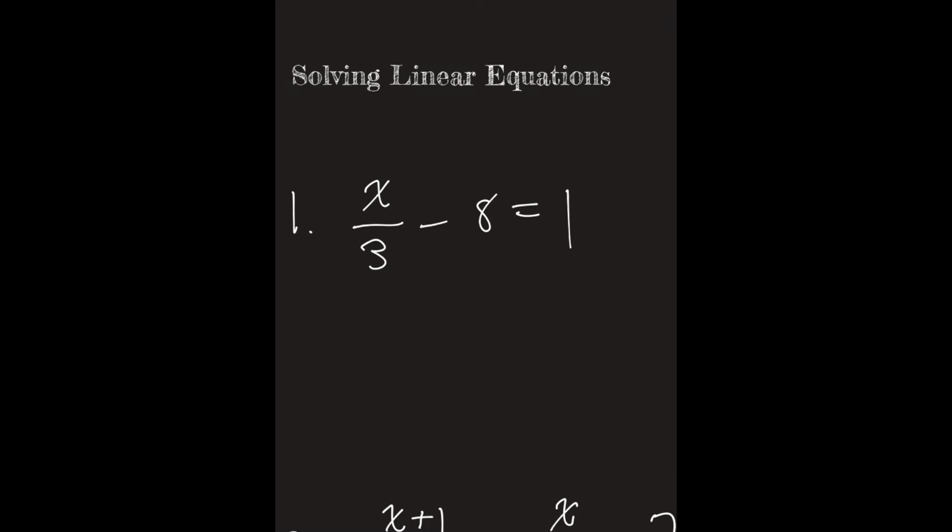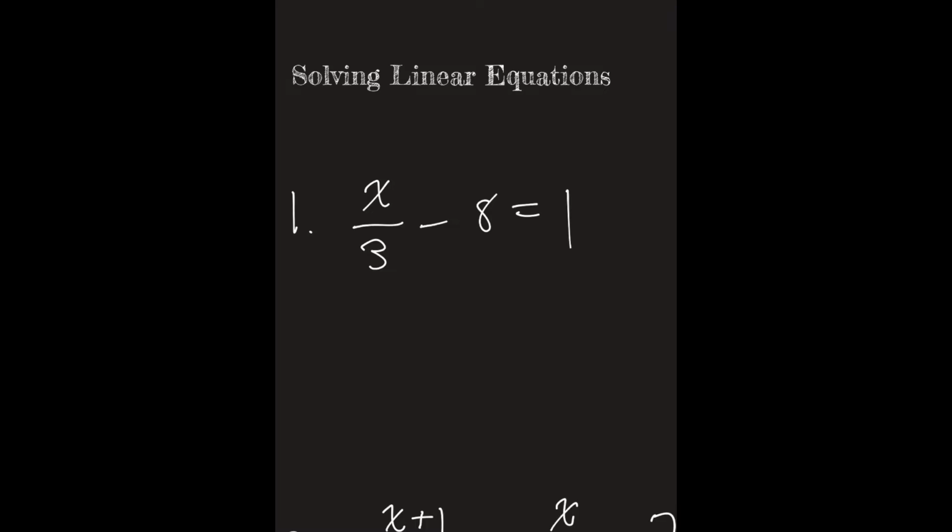It's very useful to clear the denominators. That way, you're left with just whole integers, and basically the fractions disappear. That's a good thing. So how do we solve linear equations by clearing the denominator?